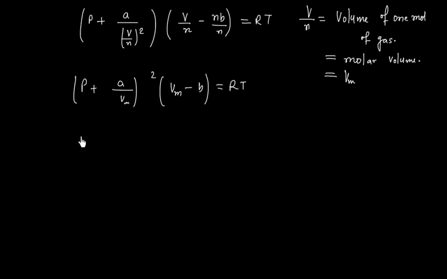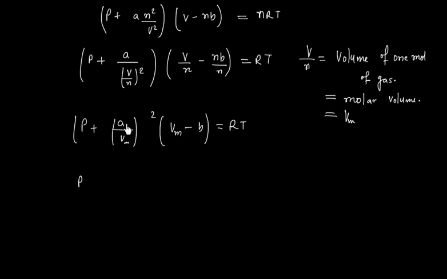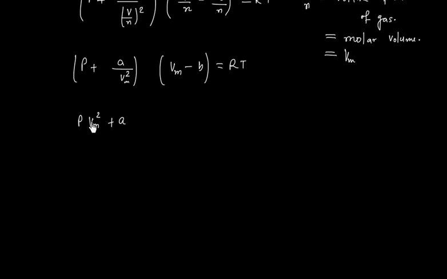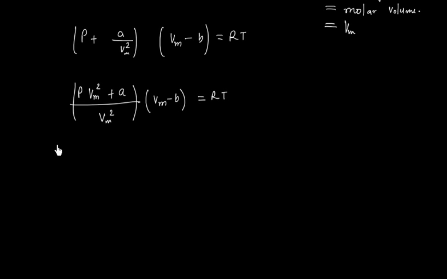Now let us expand this equation. So this square is here. So P Vm square plus a, divided by Vm square, into Vm minus b is equal to RT. We can further expand this equation.